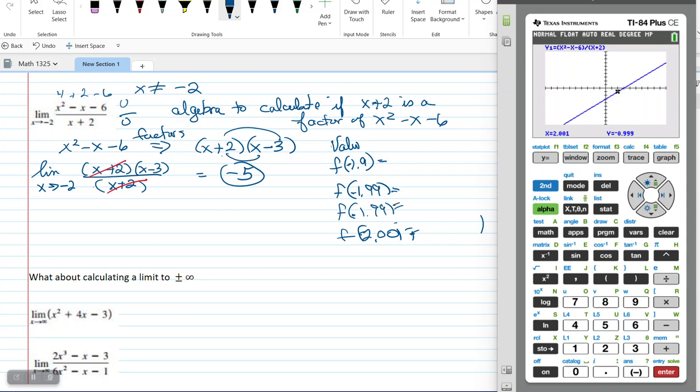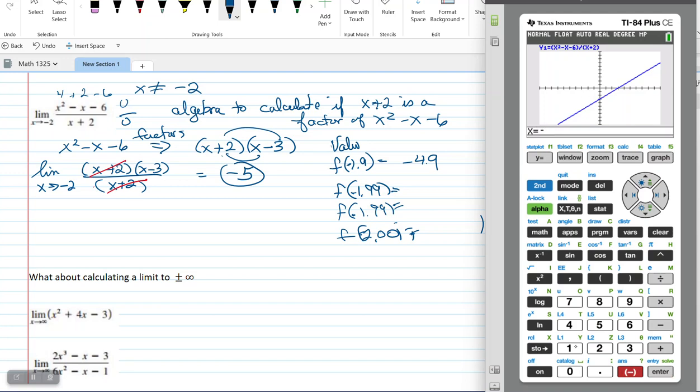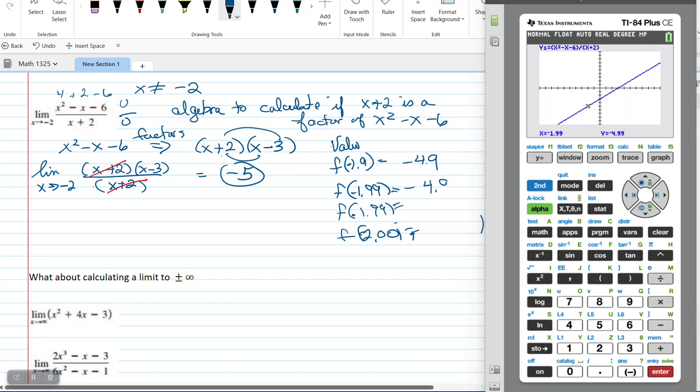So I'm going to do negative 1.9, negative 4.9. Right. So I'm going to do negative 1.99, again, negative 4.99. Sorry about that.